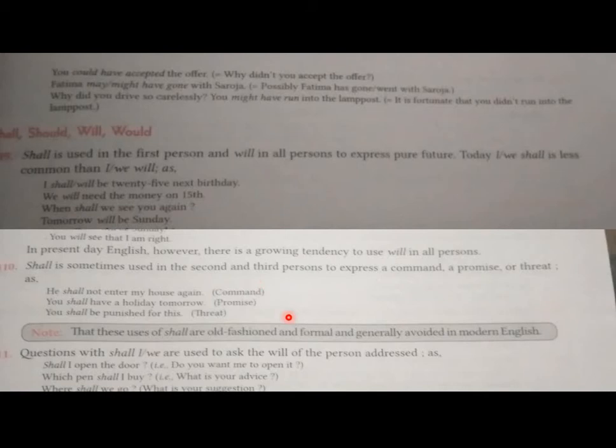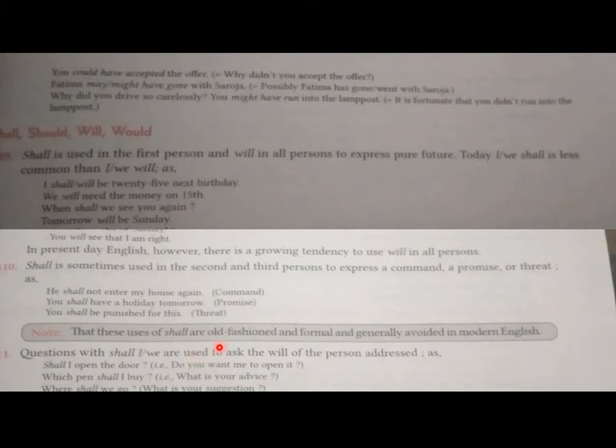So it's actually avoided in modern English, and we are asked to avoid it when speaking to a normal friend or parents. But in formal and general use, you can use shall, though it is old-fashioned, and will is used more. So questions with shall are used.